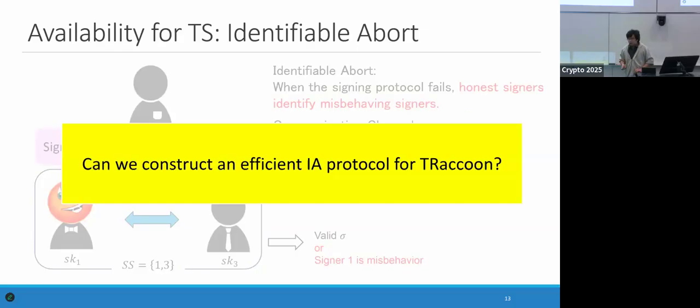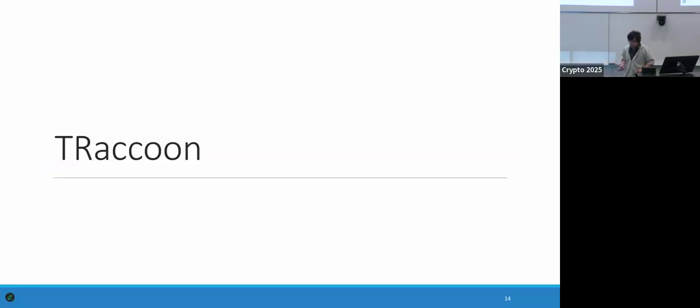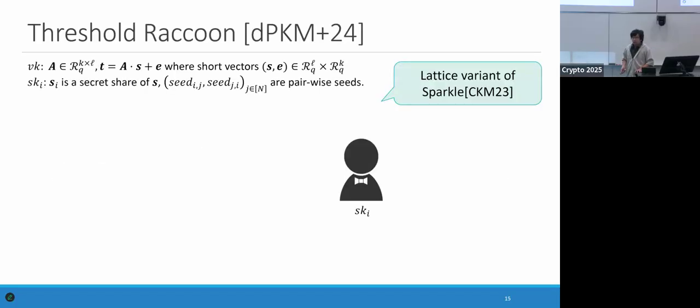The goal of this work is to construct an efficient IA protocol for Threshold Raccoon. Before I explain our IA protocol, I recall the construction of Threshold Raccoon. Threshold Raccoon is a lattice-based variant of the well-known 3-round DL-based threshold signature scheme Sparkle. The key is an LWE-type key.